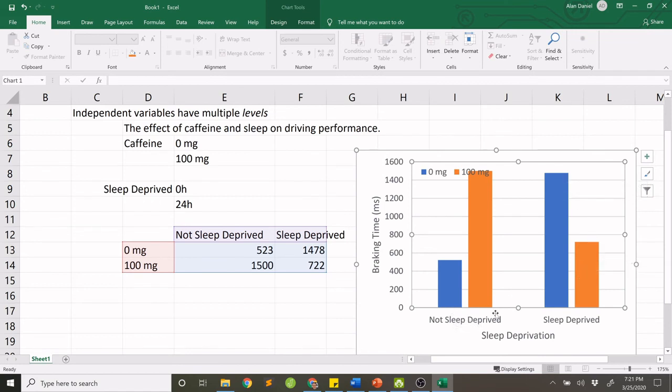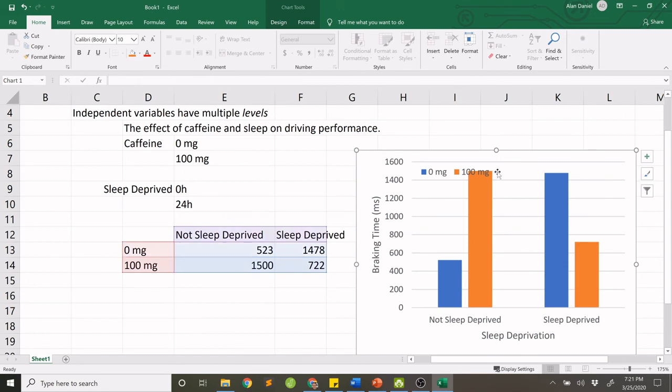The ones that are not sleep deprived, one of them's low, one of them's high. So if you look at the effects of sleep deprivation, not much to it. So there wouldn't be any main effects in a graph like this. But if you look at the interaction, that's where you pick up the difference.